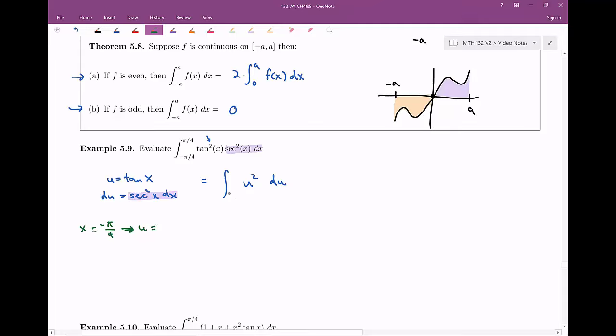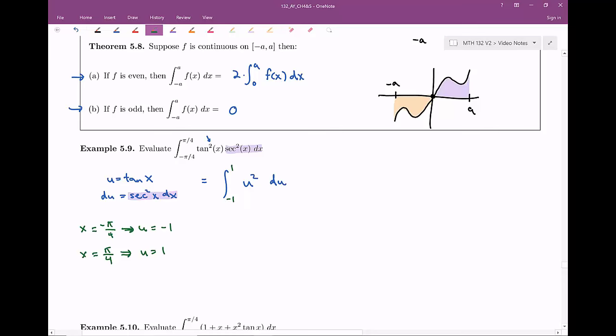What kind of limit of integration should I put here? Well, if I plug in negative pi over 4 into tangent, I get out negative 1. So this is going to be negative 1. If I was to plug in positive pi over 4, that is my upper bound, into my tangent function, tangent of pi over 4 is equal to 1. So this is going to be from negative 1 to 1.